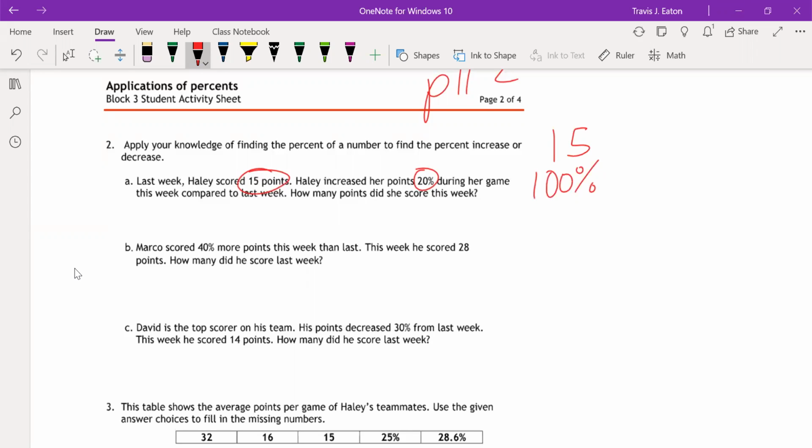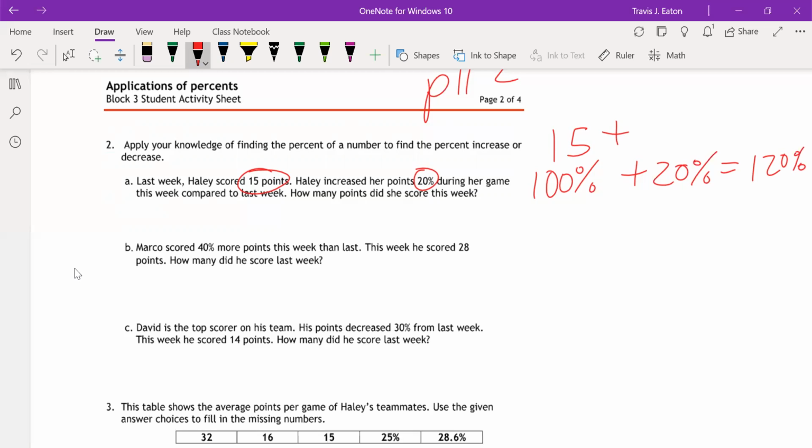Then she increased it by 20%. So 100% plus 20% is 120%. And that makes sense. But we would have to find out what is 20% of 15.